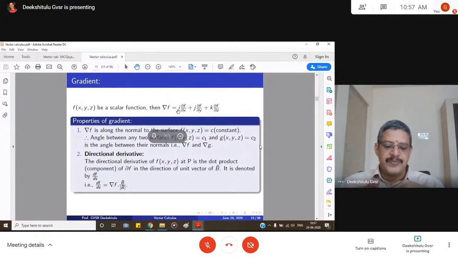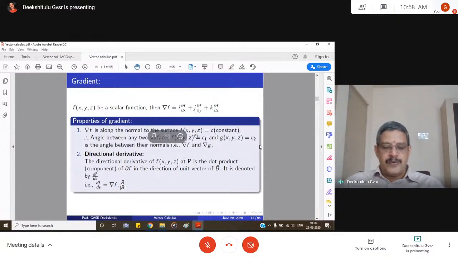So in x, y, z space I take a surface like this, and as the location of the point that I select changes, f of x, y, z is defined at different points and it defines a surface. Then if f of x, y, z is a surface, what does grad f represent? Grad f is along the normal to the surface f of x, y, z equal to constant.